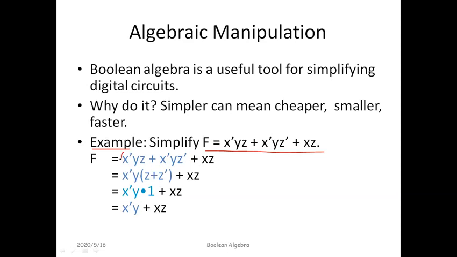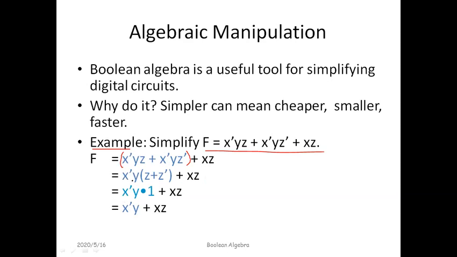So the first two terms are grouped like this. Then we take out the common factors. The common factors are x prime y, or x bar y. Then what remains is z plus z bar. So z plus z bar will give us a 1. This is an OR function. So plus xz, we haven't done anything to xz.